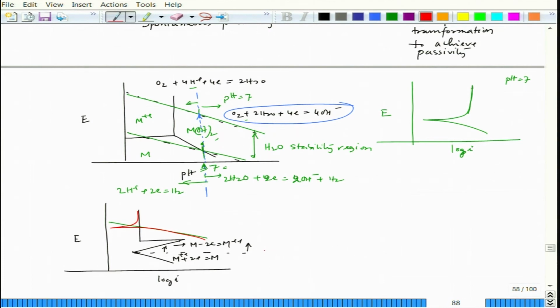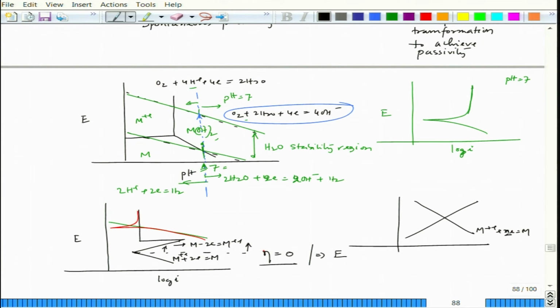With respect to the single electrode metal system, this particular line could be overvoltage equal to 0. It corresponds to some potential related to overvoltage 0, because if I look at the cathodic and anodic reactions, this is M plus plus plus 2e equal to M, and this is M minus 2e equal to M plus plus. So this is the anodic polarization line, which is coming from what?